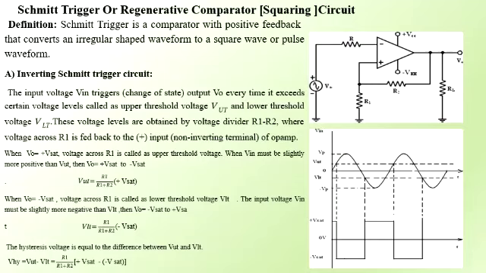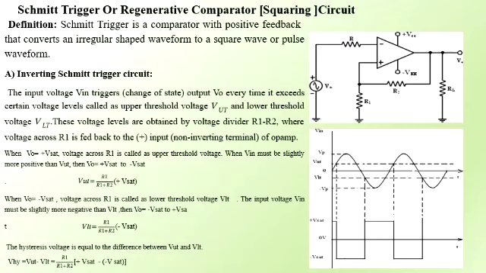Here the input voltage V in is connected to the inverting terminal, and the feedback resistor R2 is connected between the output and the non-inverting terminal. When the input voltage V in triggers a change of state, the output changes every time V in exceeds a certain voltage level, called the upper threshold voltage and the lower threshold voltage.